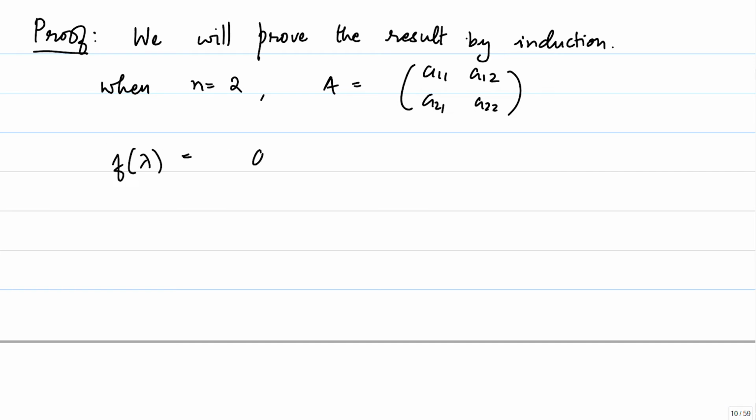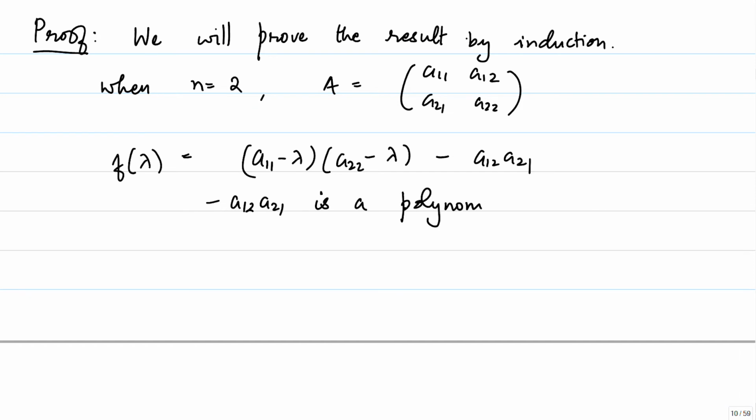That is just going to be (a11 minus lambda) into (a22 minus lambda) minus a12 times a21. Well, that is good. This is exactly what we were trying to establish. Notice that minus a12 a21 is a polynomial of degree 0, which is 2 minus 2. So yes, it is in P_{n-2} of R.